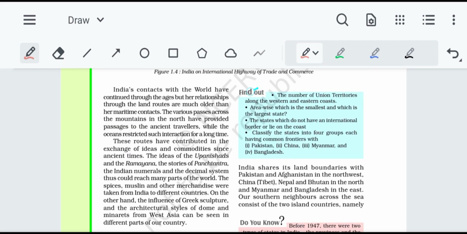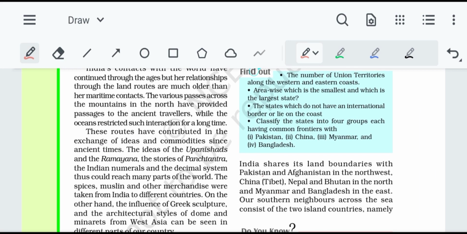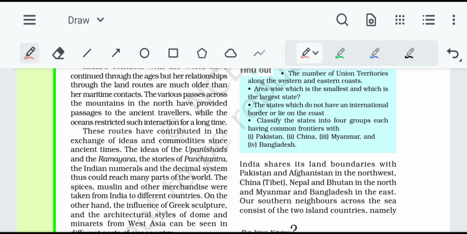These are some important updates. These routes have contributed to the exchange of ideas and commodities since ancient times. The ideas of the Upanishads and the Ramayana, the stories of the Panchatantra, the Indian numerals and the decimal system thus could reach many parts of the world.